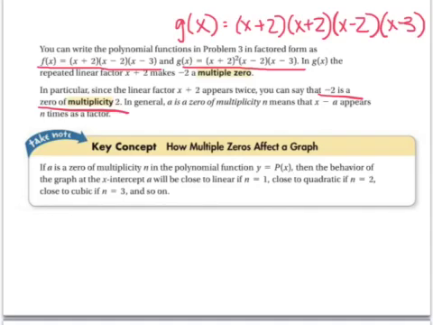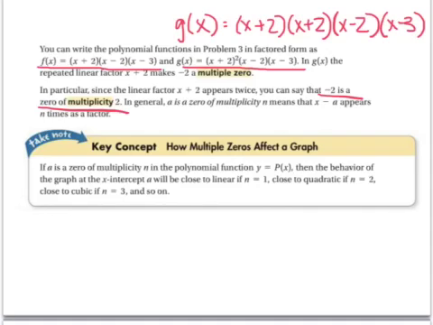Now what's neat is going from our multiplicity, we can talk about how the graph is going to act. That's what our key concept says. It's saying if a is a 0 of multiplicity n in the polynomial function y equals p of x, then the behavior of the graph at the x-intercept a, so that's just saying a is our 0, is this: if your multiplicity is 1, then it acts as a linear function.